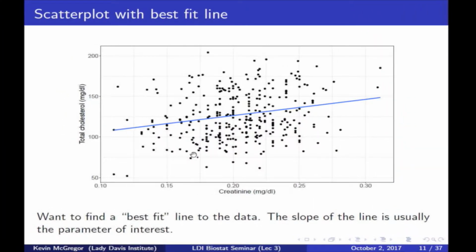So if you imagine a very, very steep slope of this line, that would mean that if creatinine increased just a little bit, then total cholesterol would increase by a lot. And if the line is not steep, if the line is very flat, then that would mean that as creatinine increases, total cholesterol does not increase by very much.